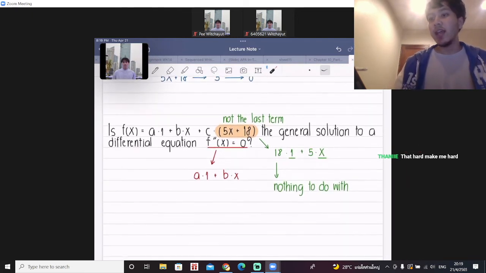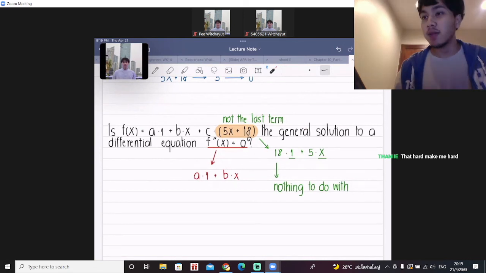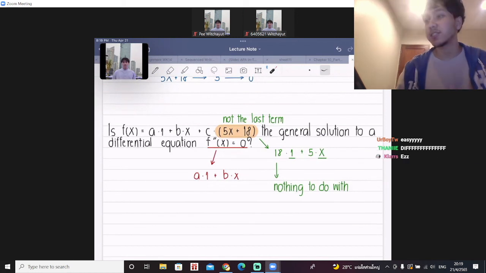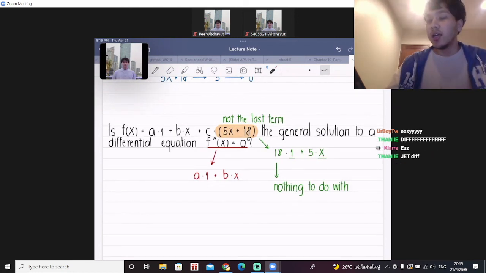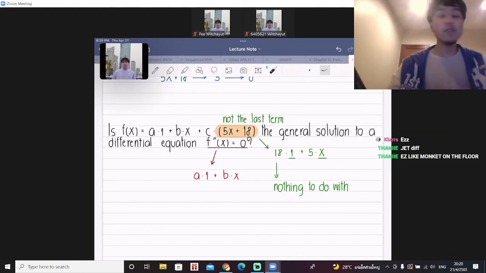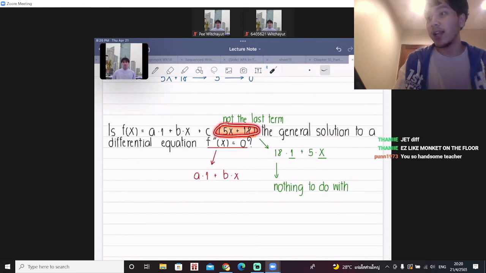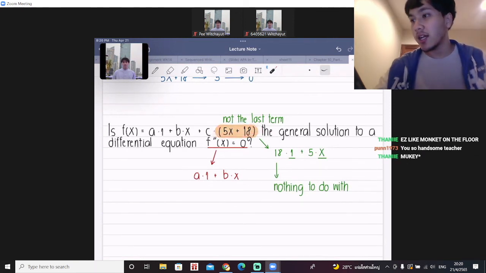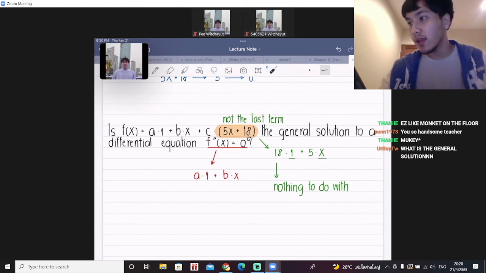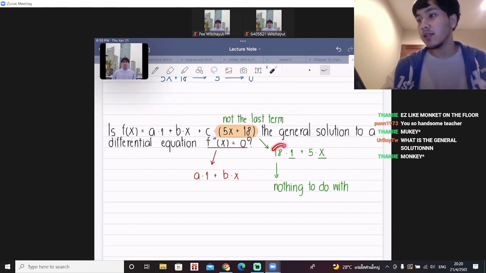And the second one is f(x) = a times 1 plus b times x plus c times (5x + 18). The general solution to the differential equation f'' = 0. Let's see. If you look at the last term that I highlighted, it's 18 times 1 plus 5 times x.